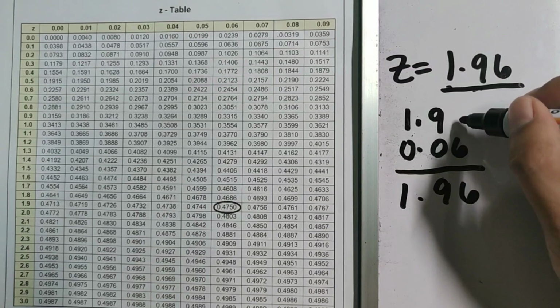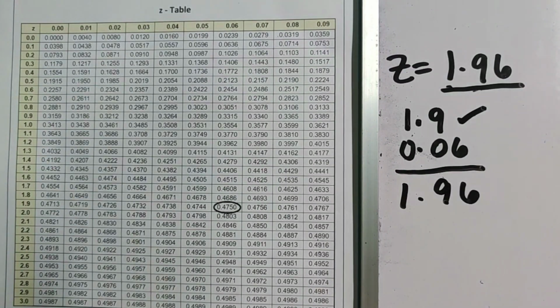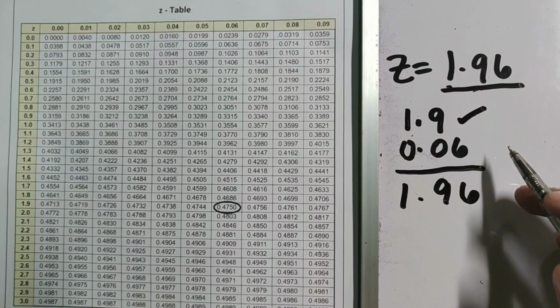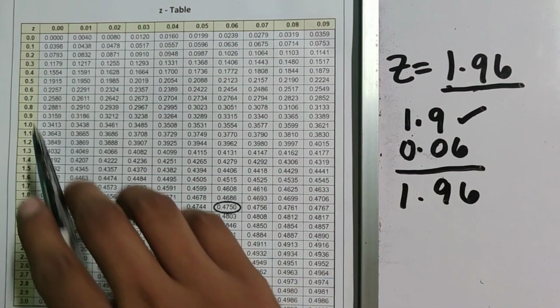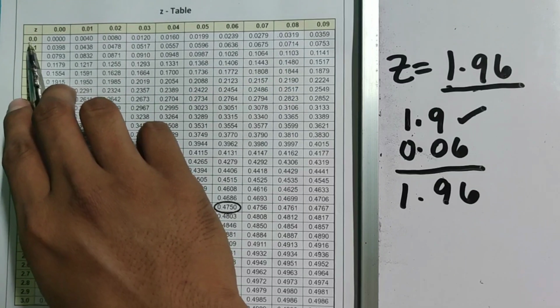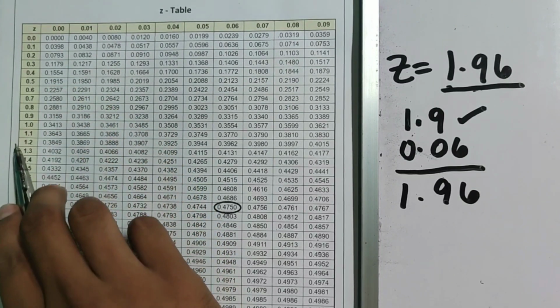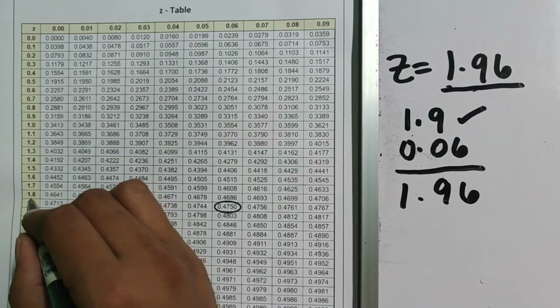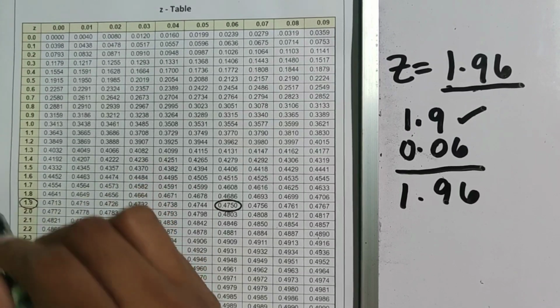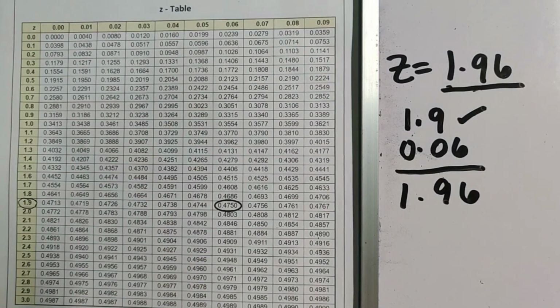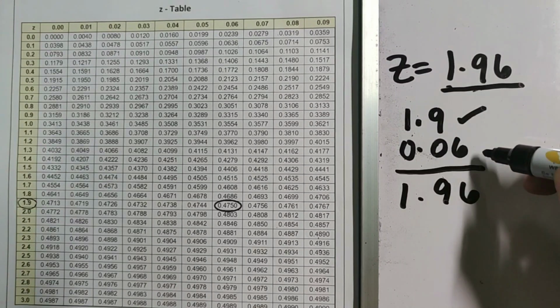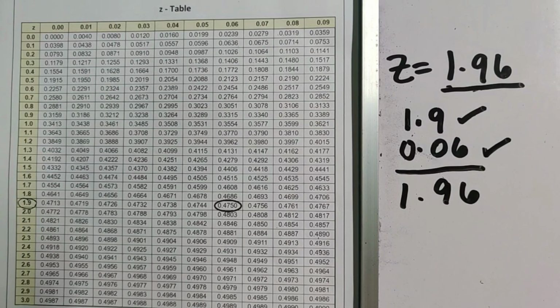So, first, we are going to find the 1.9. Makikita natin ito sa row, 1.9. So, hanapin dito, this is our 1.9. The next, we are going to find the 0.06.